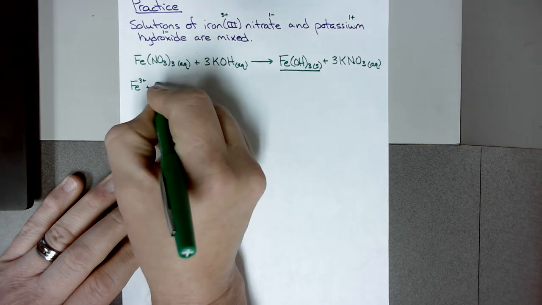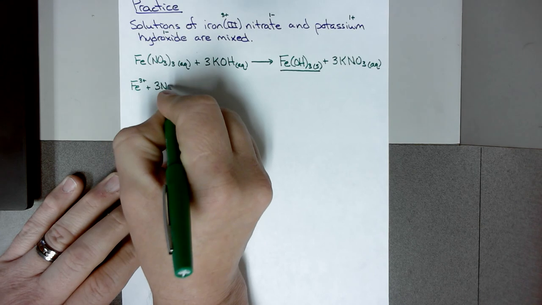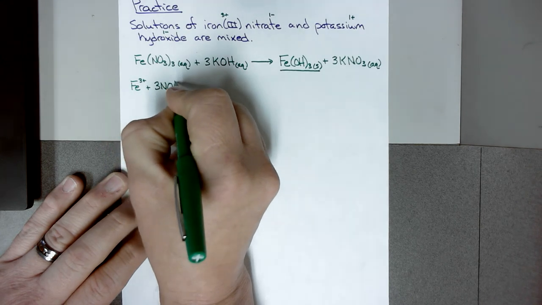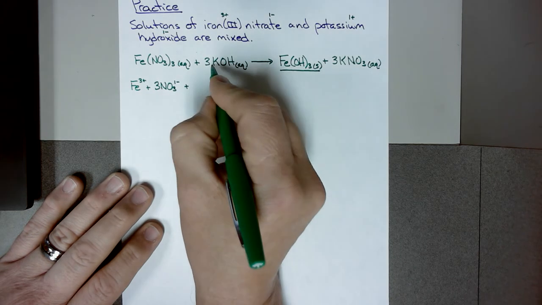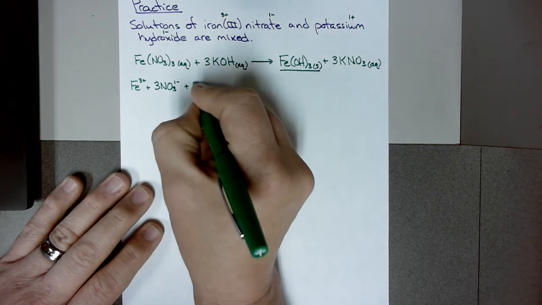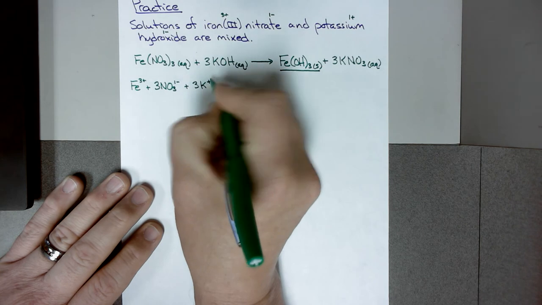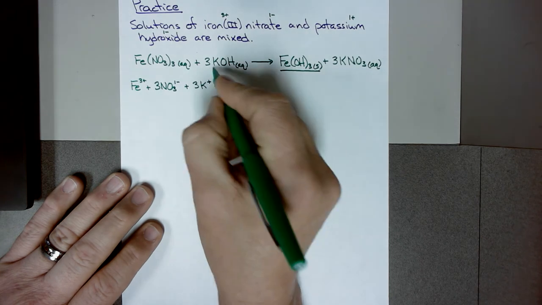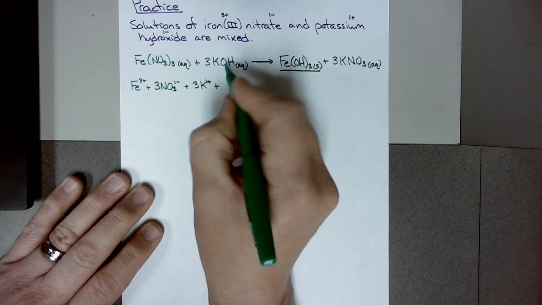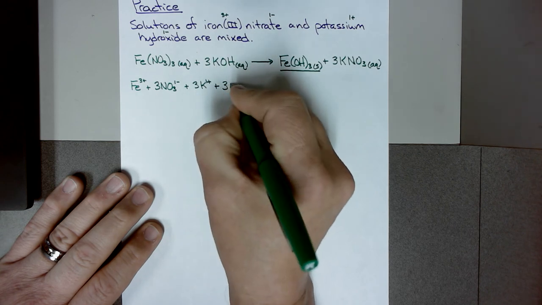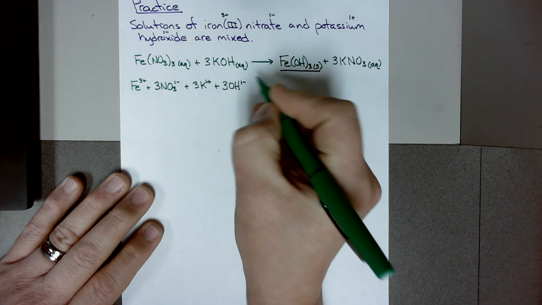So there's 3 moles of NO3 1 minus, plus. Now this is aqueous, so it's 3 potassium, so that's 3 K plus, and then we also have 3 hydroxides, so that's 3 OH 1 minuses.